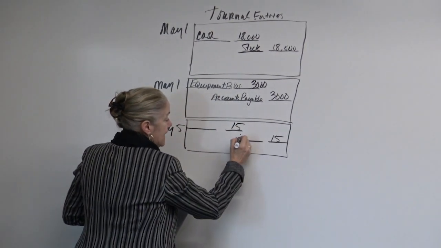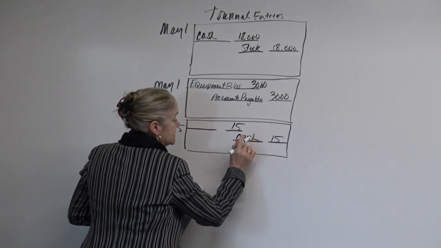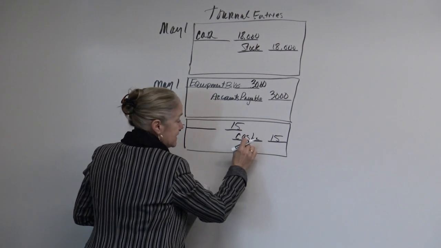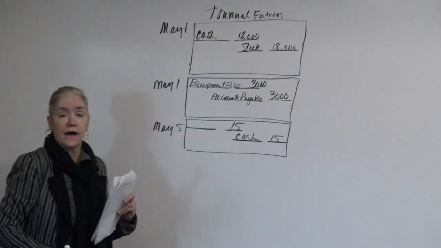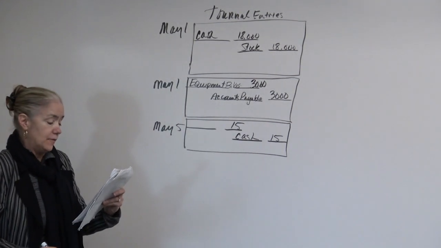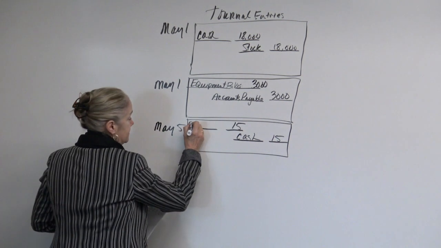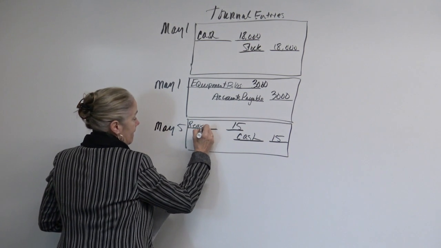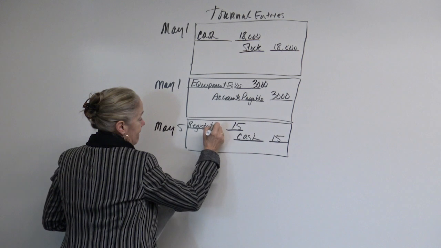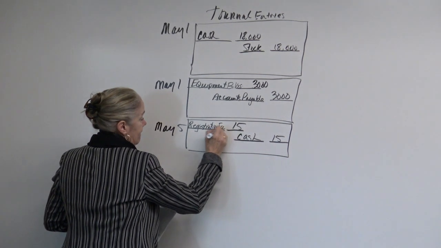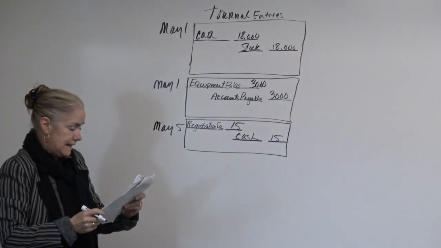We paid with cash. So cash, a deduction from an asset, is going to be credited on the right side, okay? And we're going to call that a registration expense or registration fee. Okay, and let's see what else.